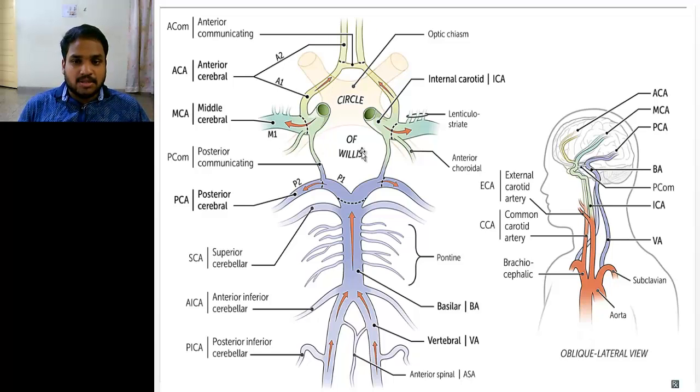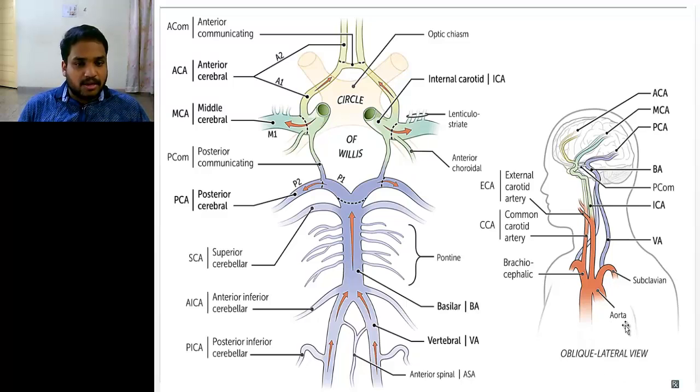This anterior circulation is connected with the posterior circulation by an important artery called the posterior communicating artery, right? This is the posterior communicating artery that connects the posterior cerebral artery with the internal carotid artery. So that is a very important connection. And the two anterior cerebral arteries are connected by the anterior communicating artery, right?